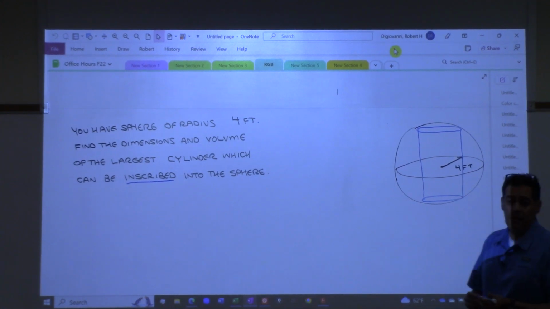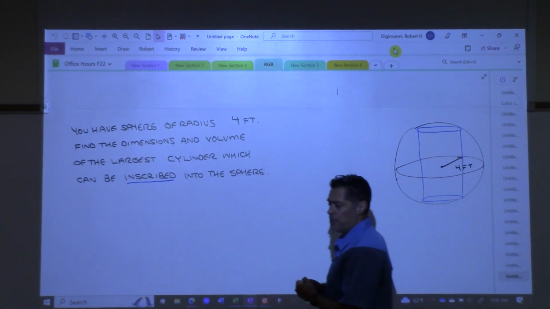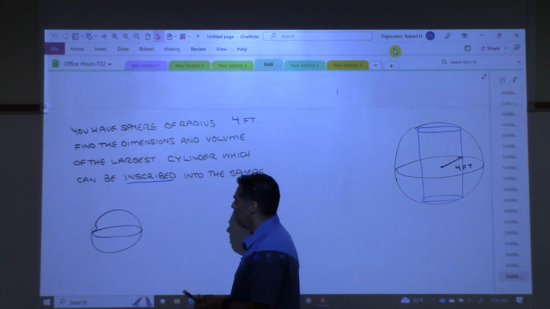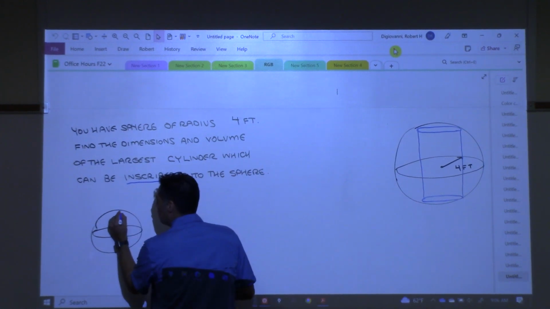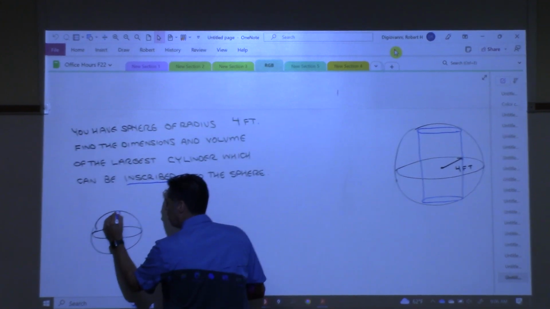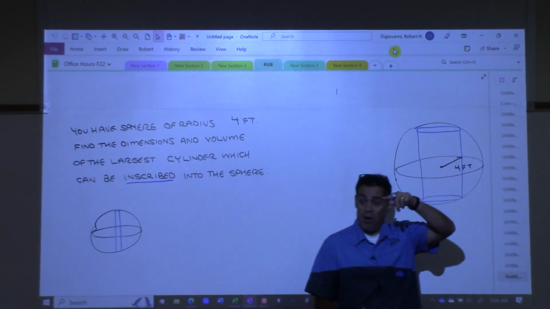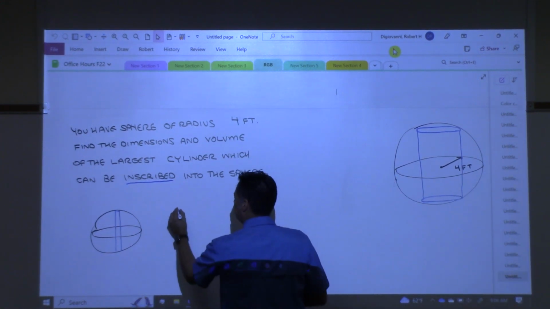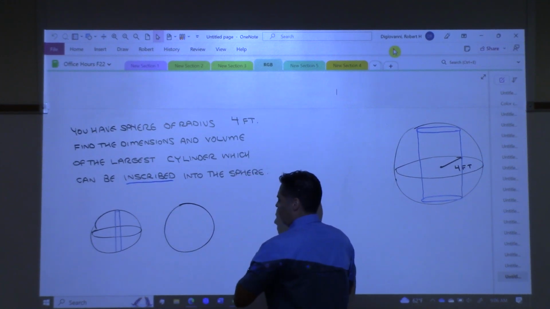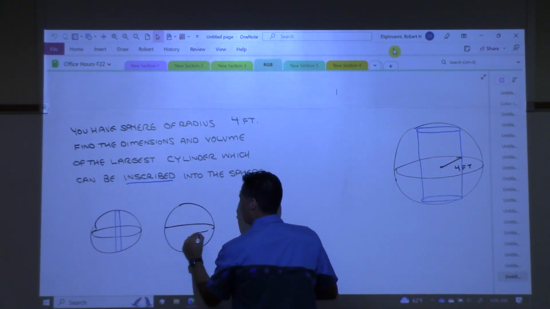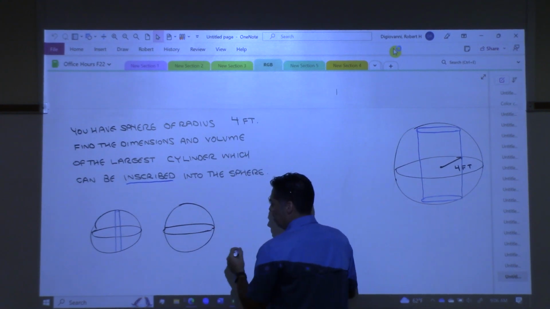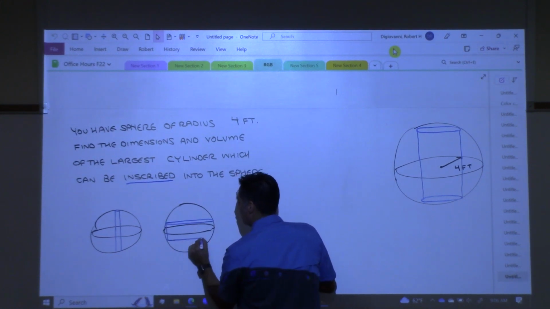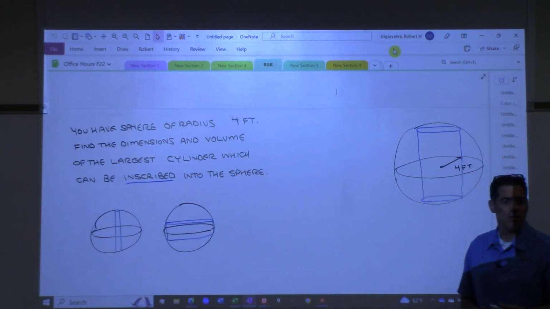Now, there are an infinite number of ways I can do this. Let me draw a couple of scenarios. I could have a cylinder that's really narrow, just barely touches at the top, comes down like that, right? That would be a very tall cylinder, but it wouldn't be very wide. I could also do something like this, where the cylinder is really wide, but not as tall, right?